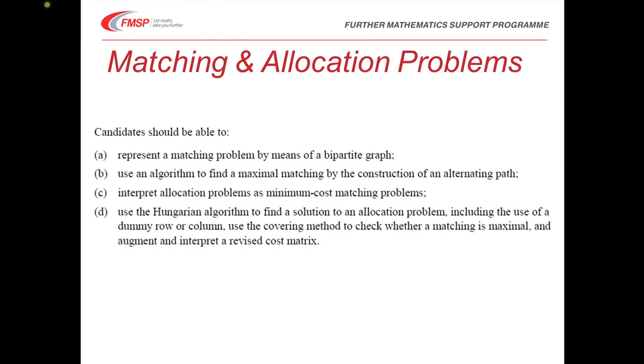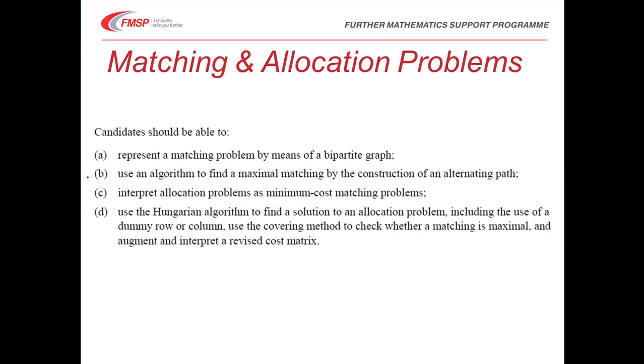So candidates should be able to first of all, represent a matching problem by means of a bipartite graph, and secondly, use an algorithm to find a maximal matching by the construction of an alternating path.